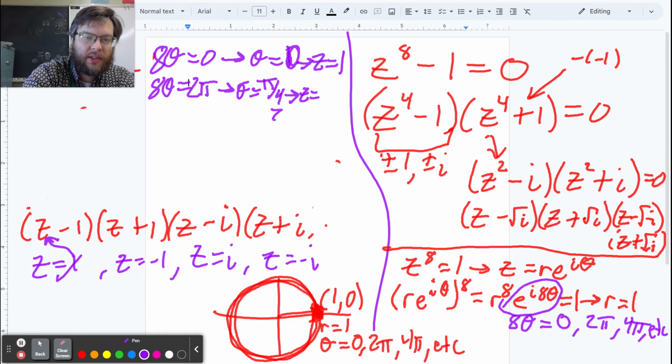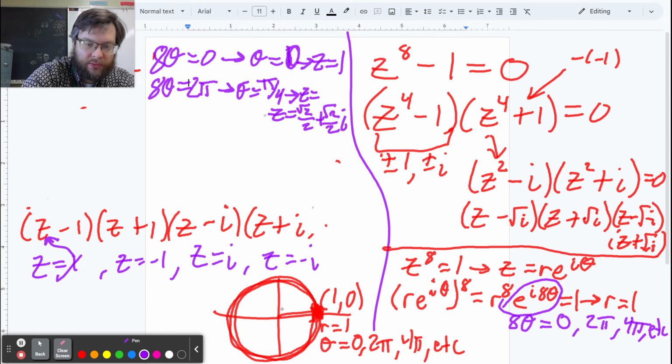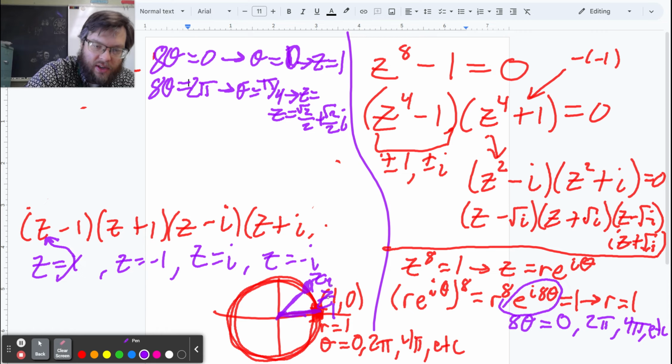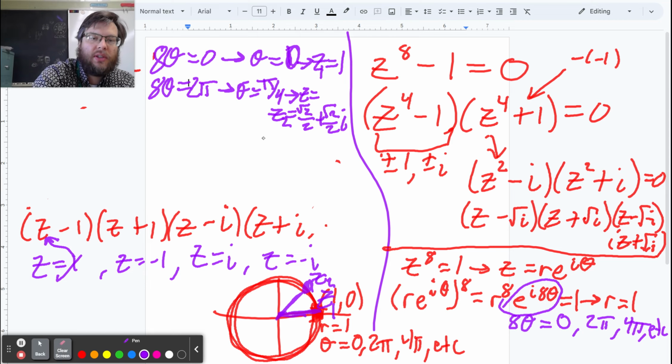Maybe I'll write it down on one line: square root of 2 over 2 plus square root of 2 over 2 i. That is at a 45-degree angle, so I'll put that down here on my triangle. So on my circle, there's the first z value, there's the second z value. So this is z1, this is z2.